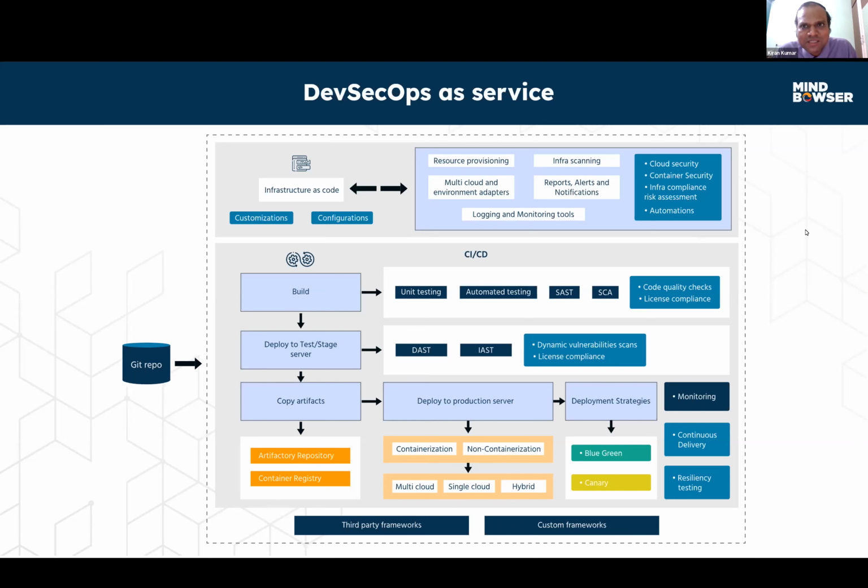Similarly, once the infrastructure is provisioned, then during the build, which happens for the application, the application also has to be securely and thoroughly assessed. Whenever the build happens and the code is deployed to the test server or stage server, or dev server, there will be security processes like static application security testing and dynamic application security testing, called SAST and DAST. SAST will identify any vulnerabilities in the code.